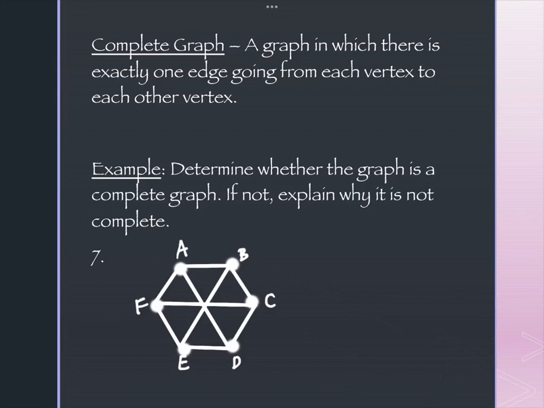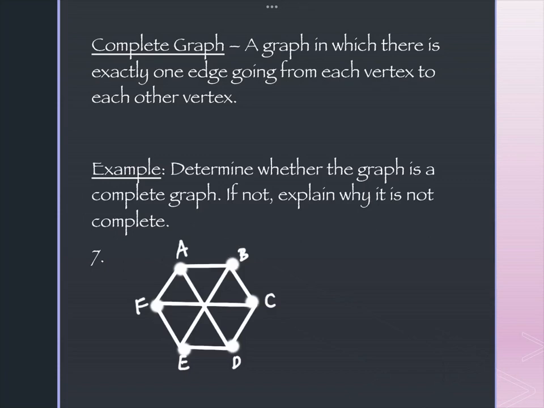Careful. Does A connect to B? Yes. Does A connect to C? No, it doesn't. You can get there along a path, right? I can take two edges to get there, but there's no direct way there, right?